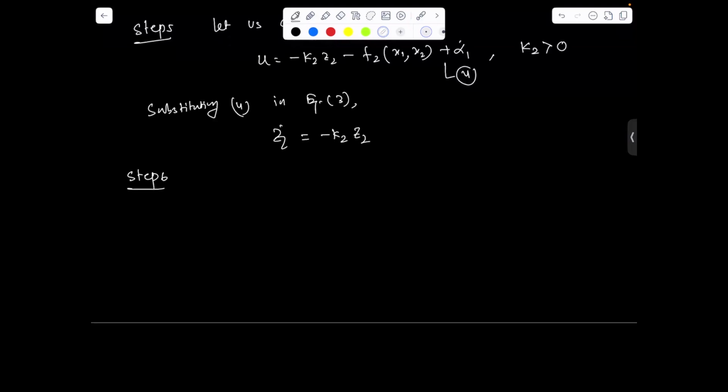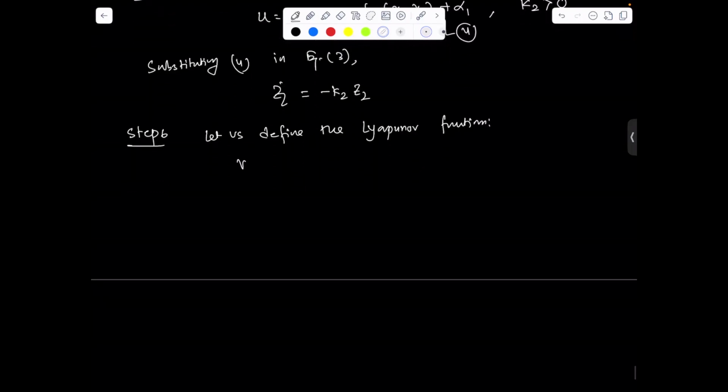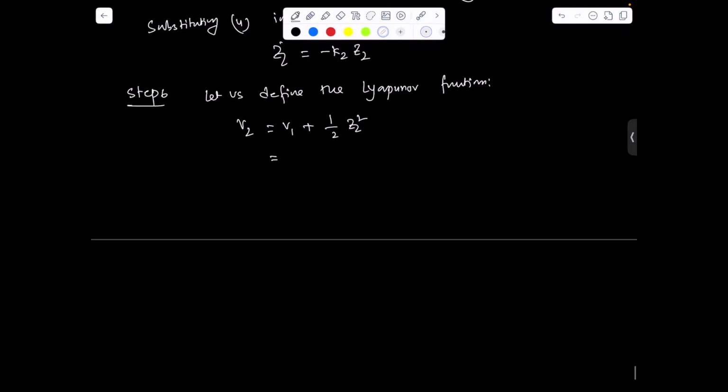Now let us define the Lyapunov function for the entire system. V2 equal to V1 plus half Z2 square. Here V1 we know is half Z1 square, so V2 dot we can write as Z1 Z1 dot plus Z2 Z2 dot.